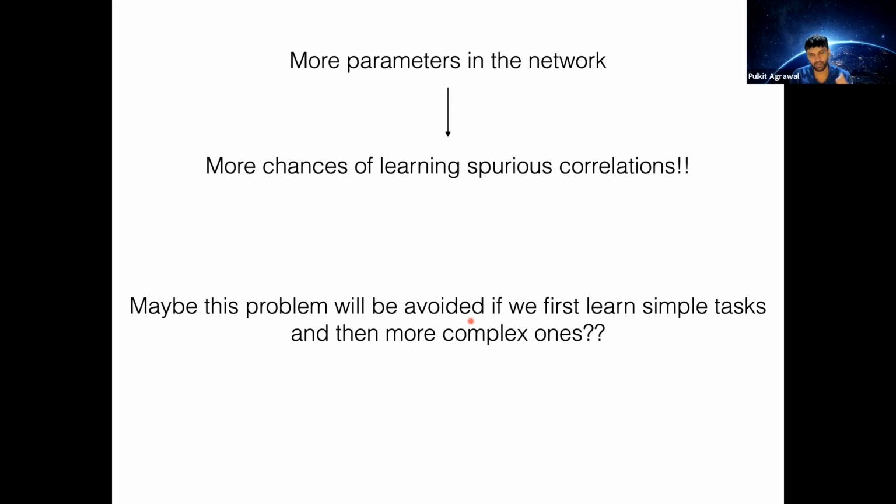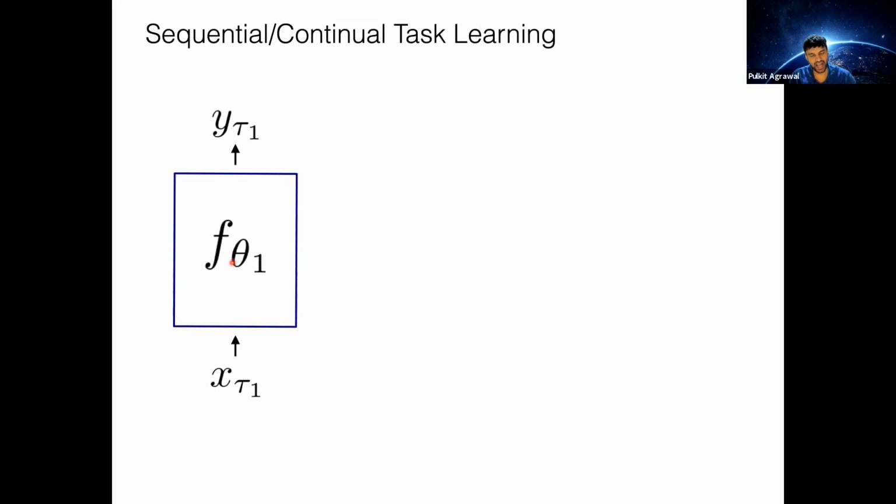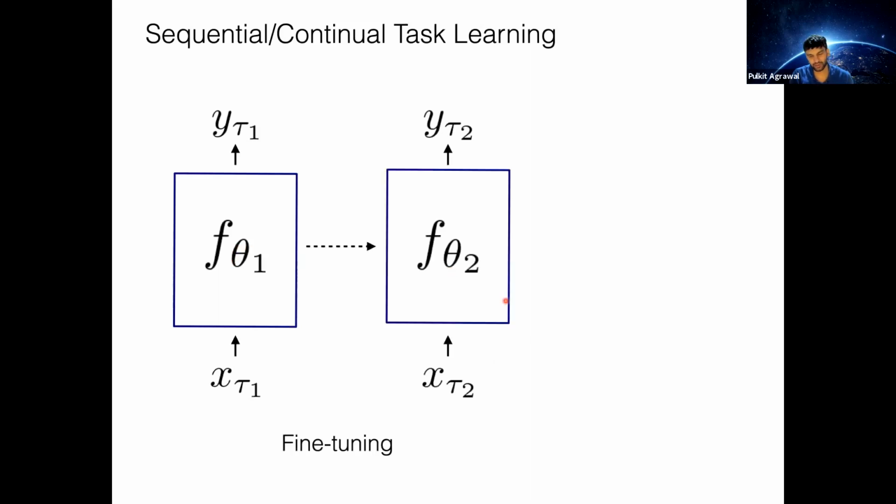So let's build upon this intuition. What this is saying is, maybe I have task one, which I'm training on. Then I get to train on task two. And maybe this way we can overcome some problems associated with learning spurious features. But once we start doing this sequential training, there comes about one more problem.